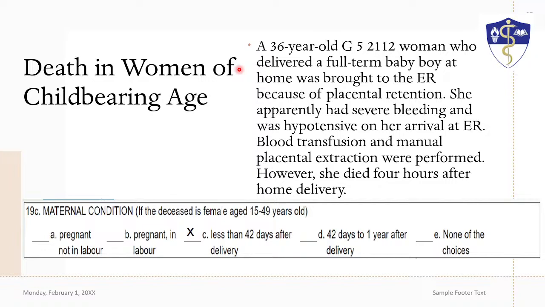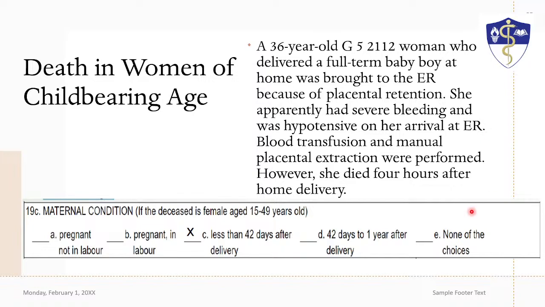Next. A 36-year-old G5 2112 woman who delivered a full-term baby boy at home was brought to the ER because of placental retention. Boom. We already have a cause of death. She apparently had severe bleeding and was hypotensive on her arrival at the emergency room.